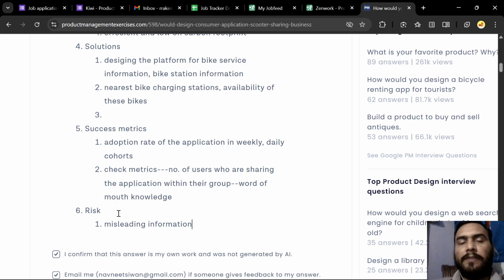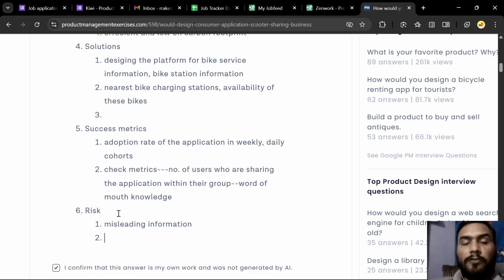So the biggest risk that I see is wrong or misleading information on the platform, because that directly discounts the credibility of our platform. The reason could be anything: the sources that we are taking information from, or the users who have written reviews or anything. That is the biggest risk for our platform.